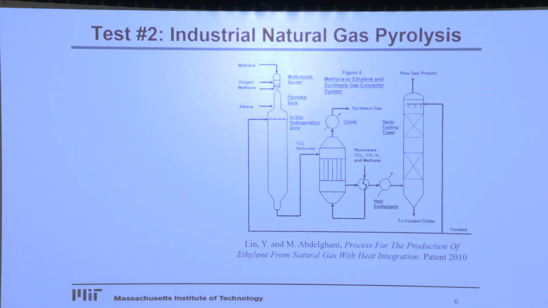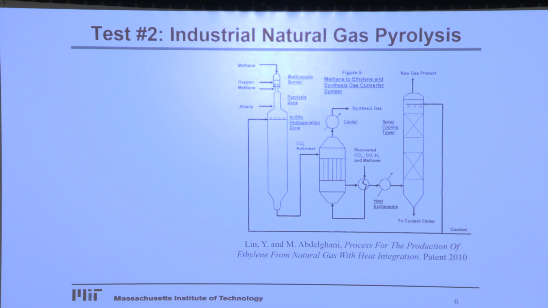Let's do another test. I work in a chemical engineering department, and we have to try to make industrial processes. One industrial process that periodically is really interesting is to try to pyrolyze natural gas, which is mostly methane, to try to make C2 species. C2s and C3s are the basic chemicals that are used to make all plastics and a lot of other stuff.